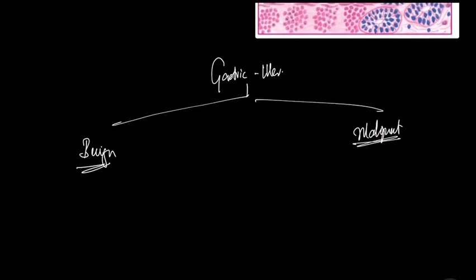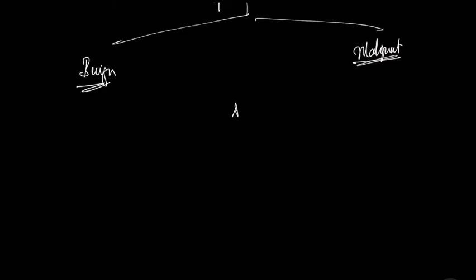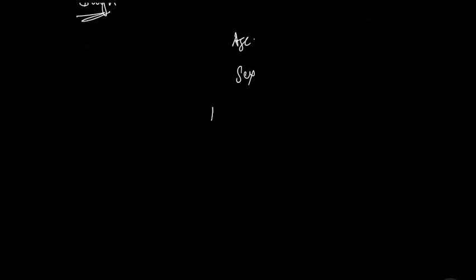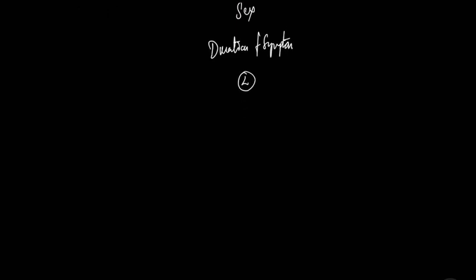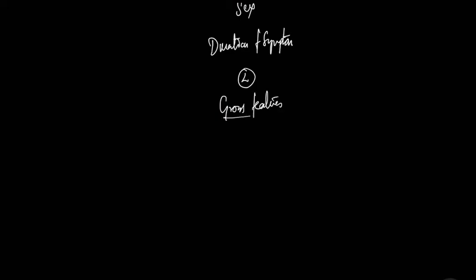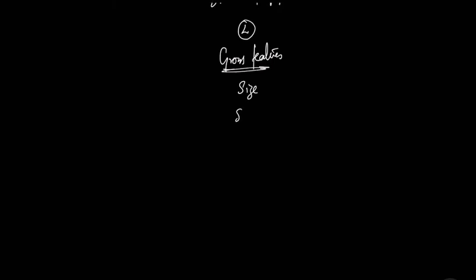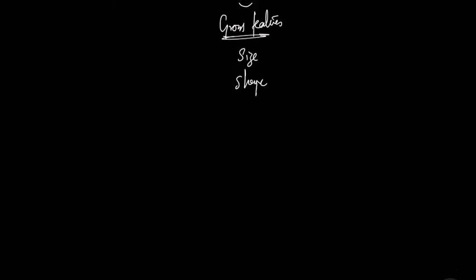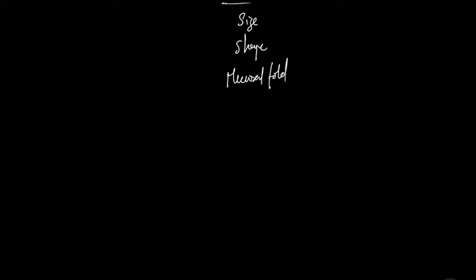Now let's discuss this under these headings: age, sex, duration of the symptoms, their location, gross features, such as the size, shape, mucosal fold, ulcer bed.